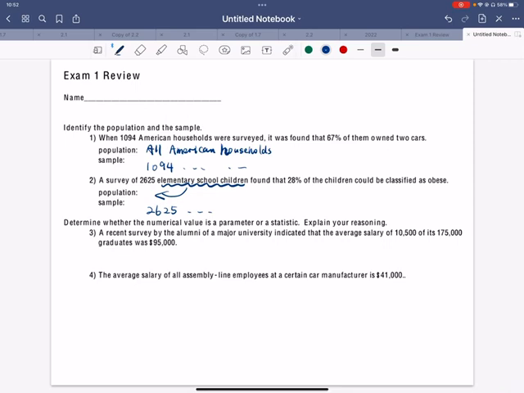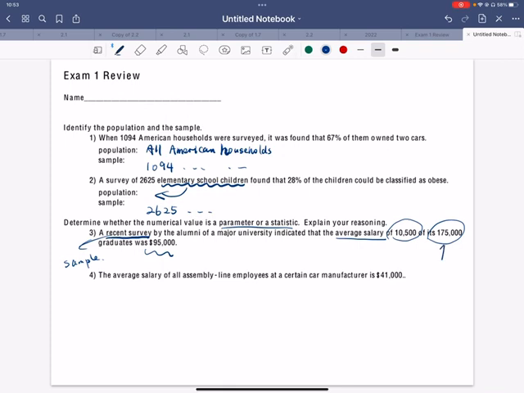Next question, number 3. Parameter or statistic. A parameter describes a population characteristic and a statistic describes a sample. In the question it said a recent survey. If you see the words recent survey, you know it's something about the sample. So what's the survey about? The average salary of this many graduates out of this many graduates was this much money.